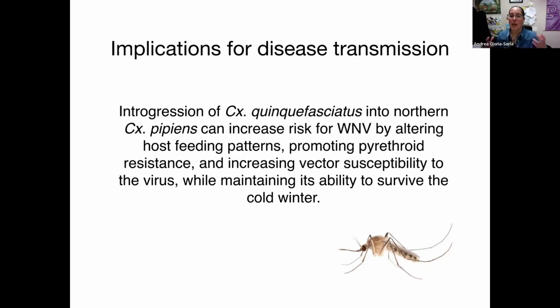So if the alleles from Quinquefasciatus are moving north, that could imply a shift in the ability of the northern mosquitoes to transmit the disease. Therefore, it would be important to characterize such mutations and such gene flow in order to be ready and respond accordingly.